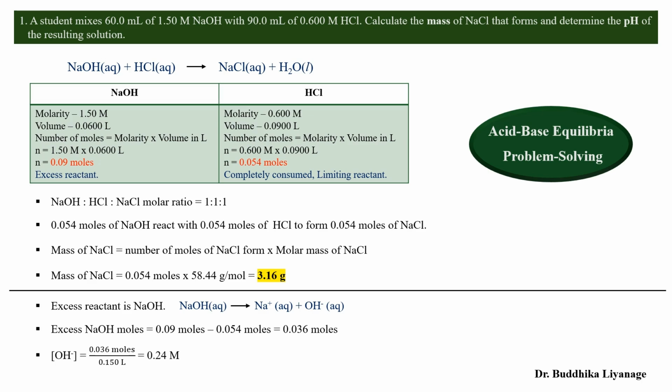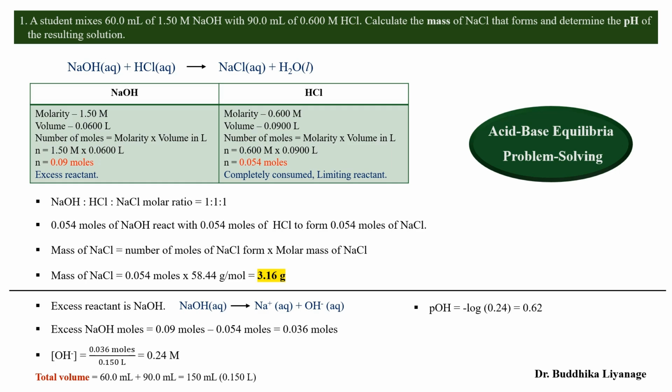We mix 60 milliliters of NaOH plus 90 milliliters of HCl, so the total volume is 60 plus 90, 150 milliliters or 0.150 liters. Moles divided by volume in liters is the concentration of OH minus. It is 0.24 molar. If we know the OH minus concentration, we can calculate pOH, which is negative log 0.24.